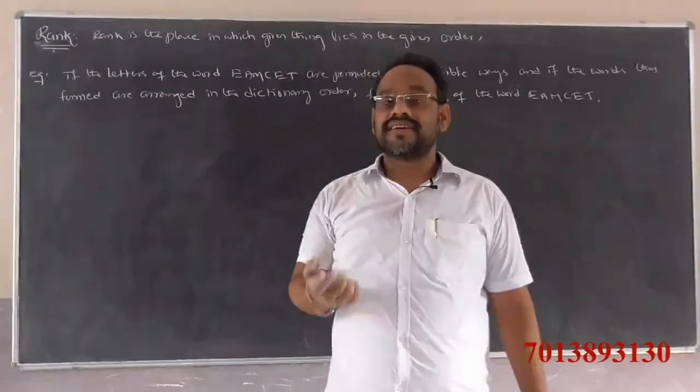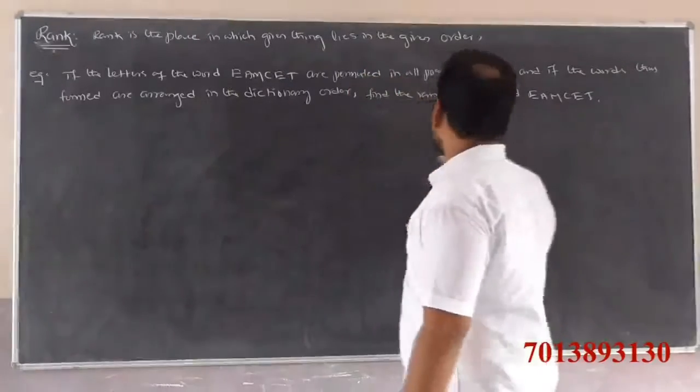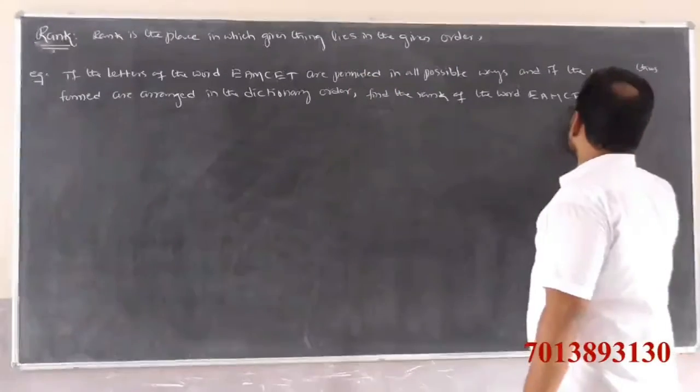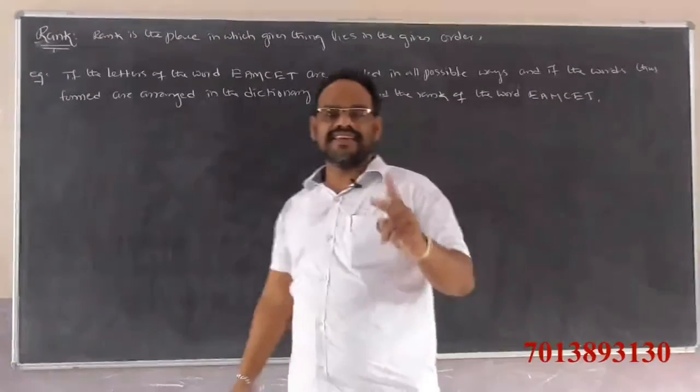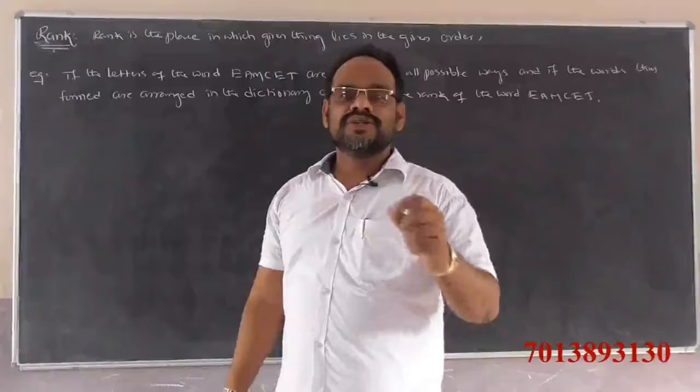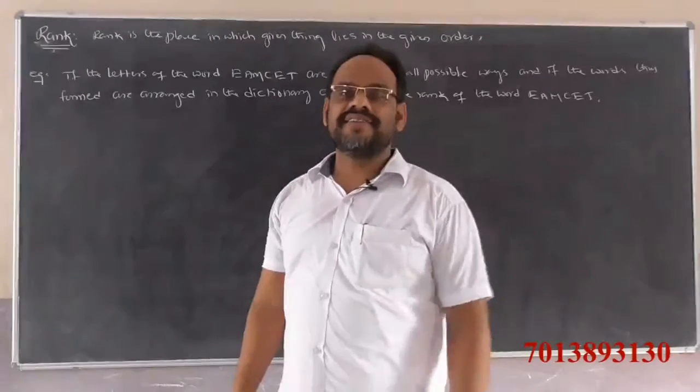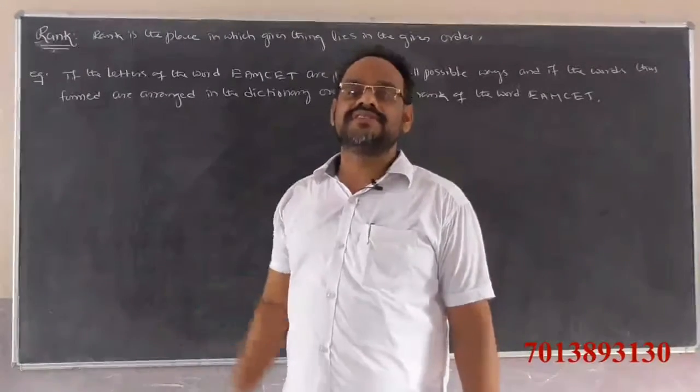We want the rank of the word, clearly, E is repeated 2 times. So in this case, how to find the rank?